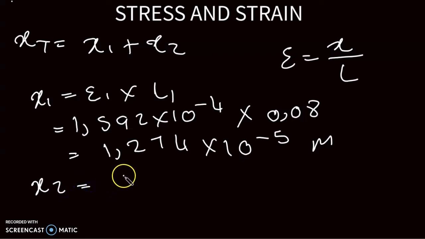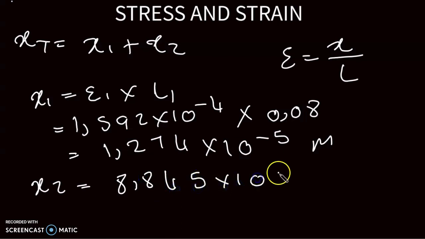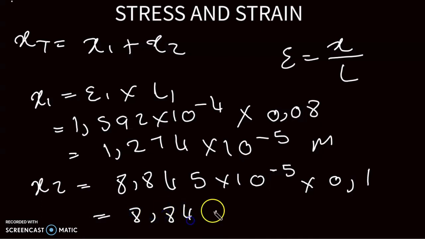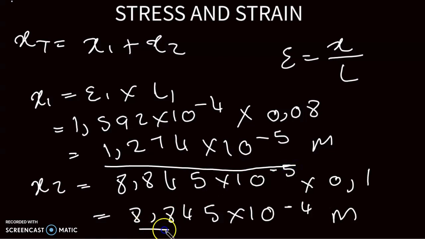It's 8.842 times 10 to the power negative 5 times 0.1, and I got our answer as 8.842 times 10 to the power negative 6. This is also in meters.